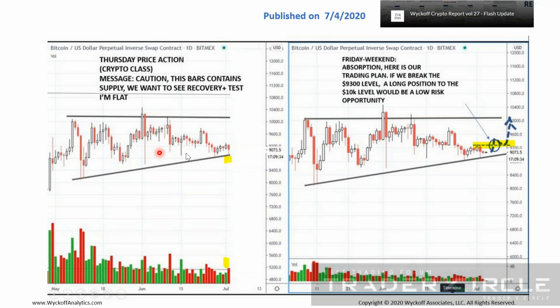Our bias at this point, and we are talking about a chart published Saturday, was still bullish. The path of least resistance was still to the upside until supply came into the market.